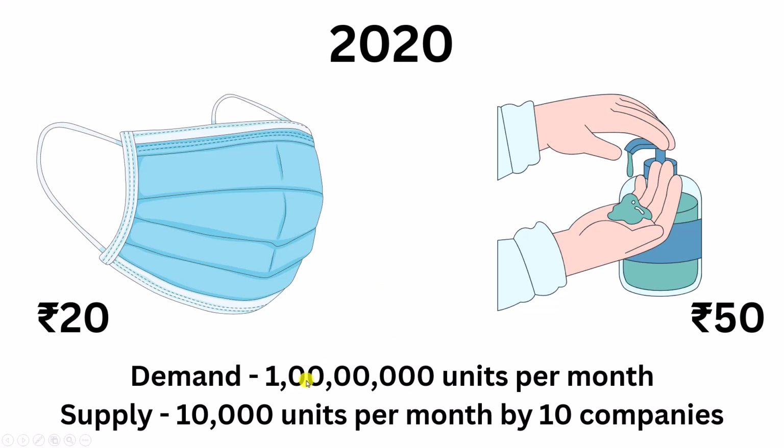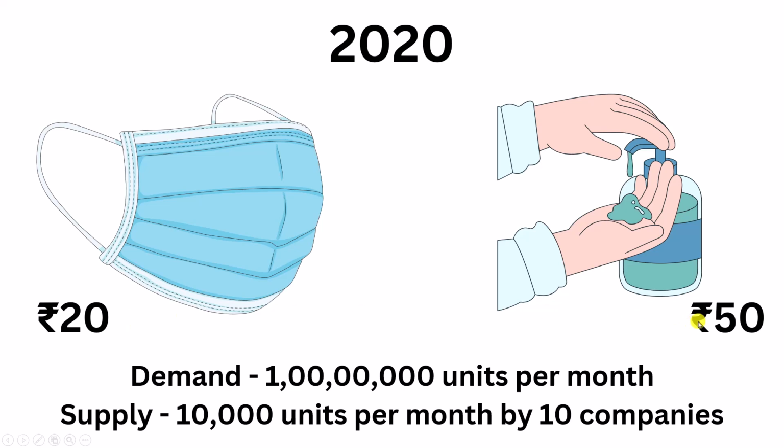Now, due to this imbalance in supply and demand, what happens is the price of the masks and sanitizers will increase. This is because the buyers will be willing to pay as much as the seller asks. For example, if a seller demands 30 rupees for a face mask, then the buyer will be willing to pay 30 rupees because he needs it.